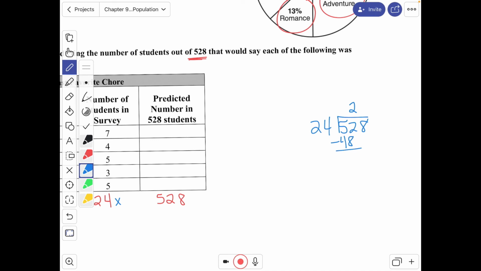And then we subtract and we get 4 left over. Bring down the 8. 24 goes into 48 twice, because 2 times 24 is 48, with nothing left over. So that means we're multiplying 24 times 22 to get 528.